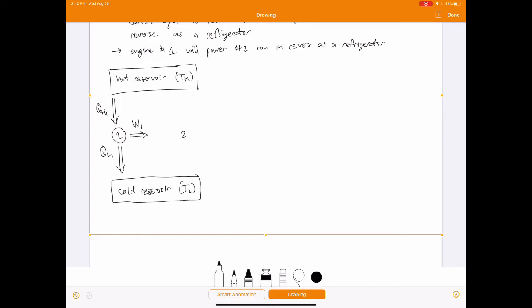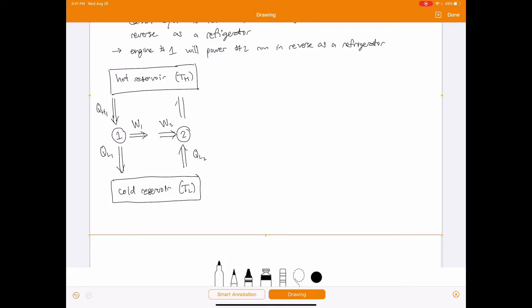Then let's draw the second one. This is the Carnot engine, which we're running in reverse as a refrigerator. So what's happening here is some work is put into this one, W2, let's call it. And then we have QL2 coming from the cold reservoir into the refrigerator.